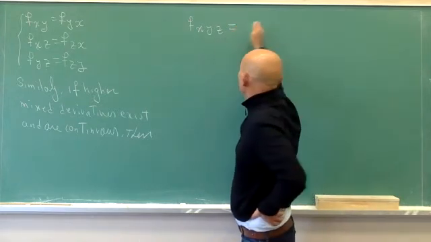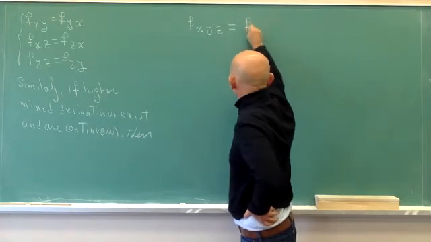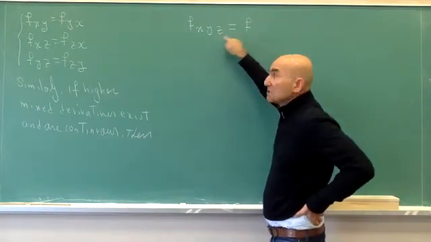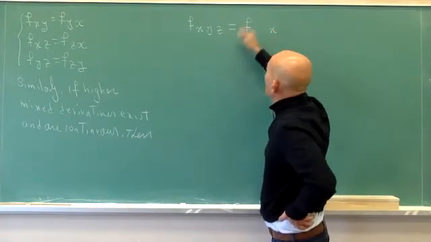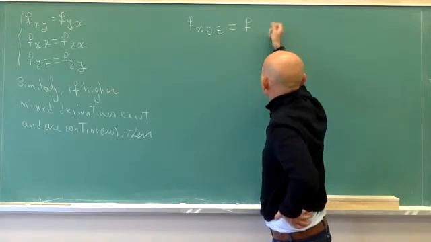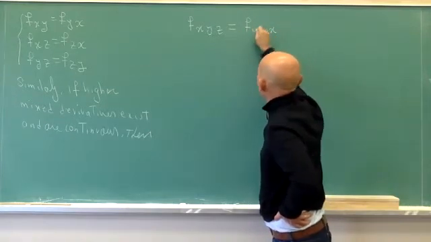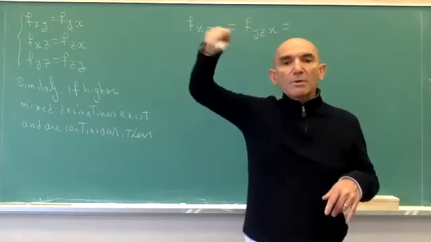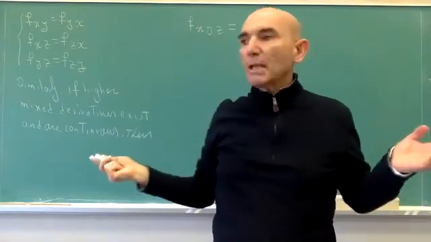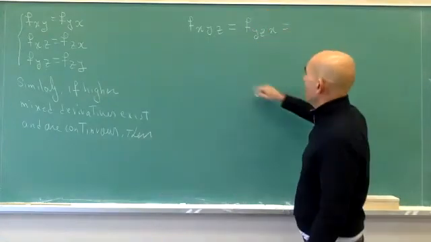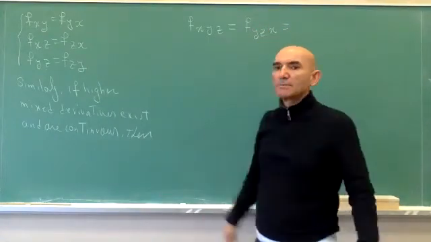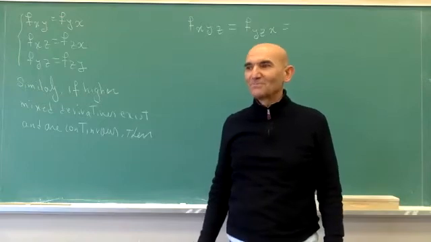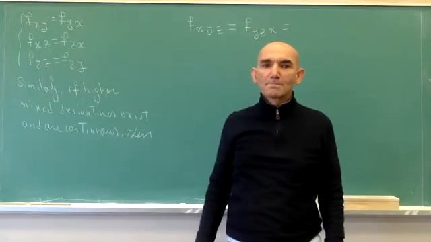Or you can start with x, then z, and then y. Any order of these variables x, y, z will give you the same result. How many possibilities do you have in this case? 6.